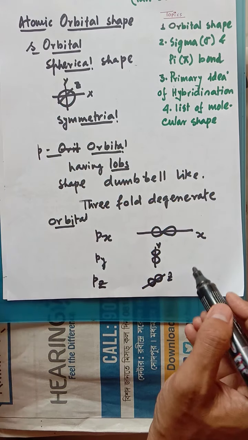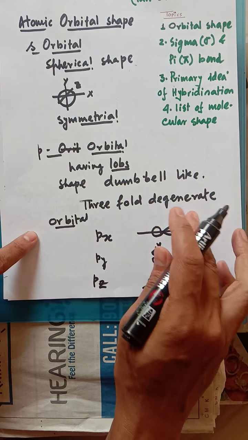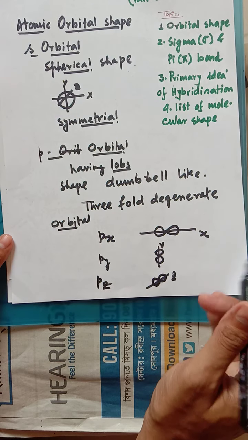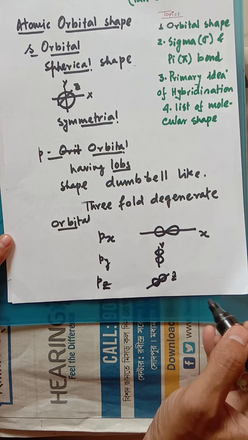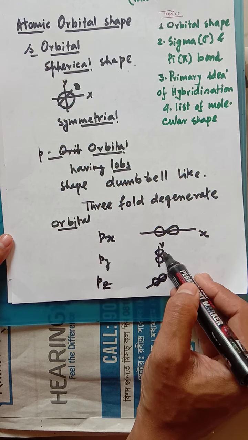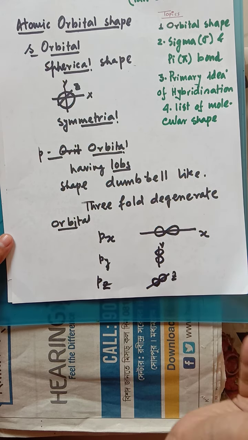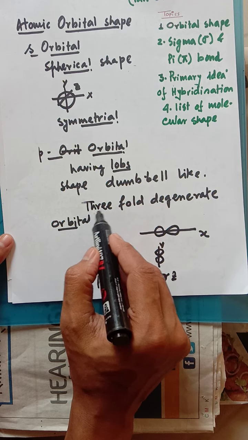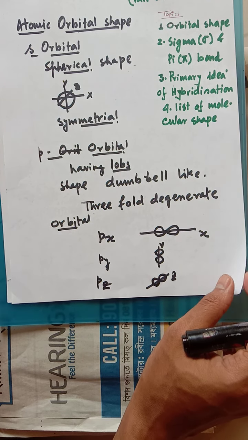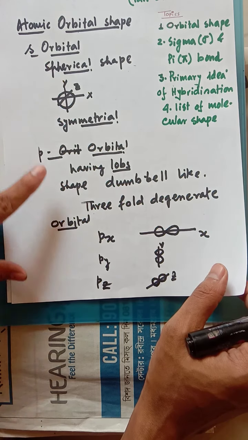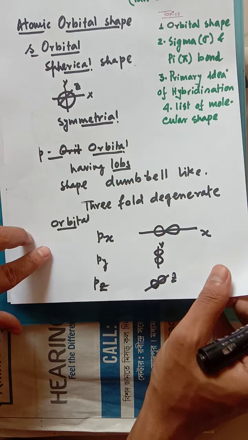So for px, py, pz, the probability of finding an electron is equal along the x axis, the y axis and the z axis. So we can say it is a threefold degenerate or triply degenerate orbital. These are the p orbitals.